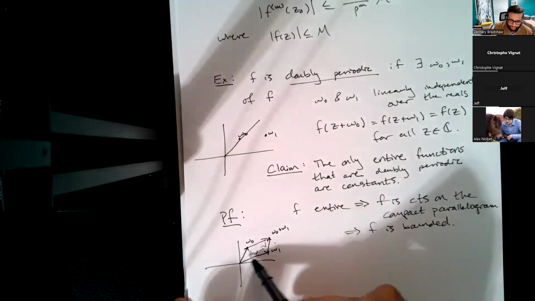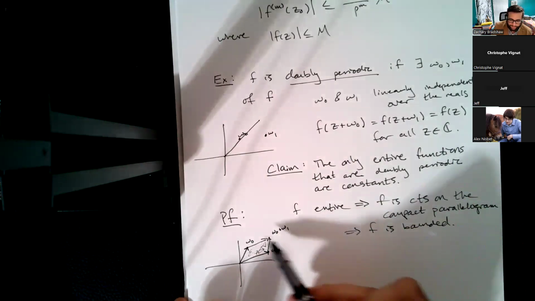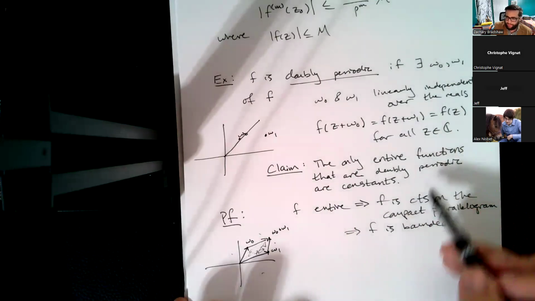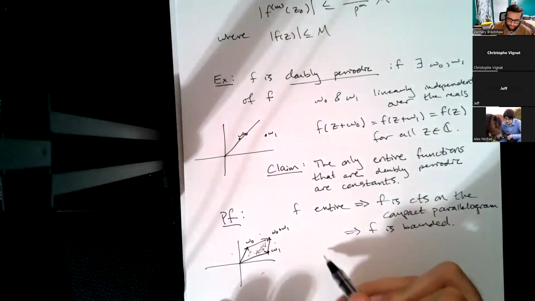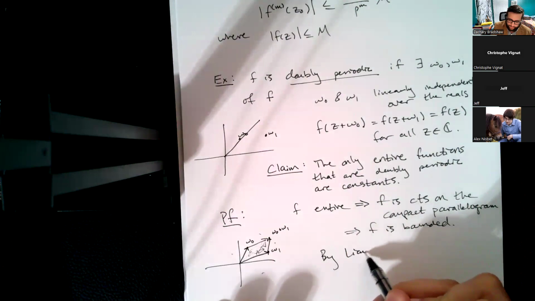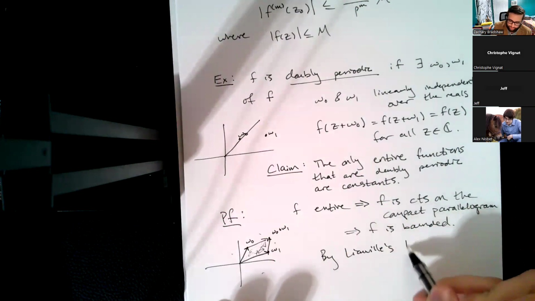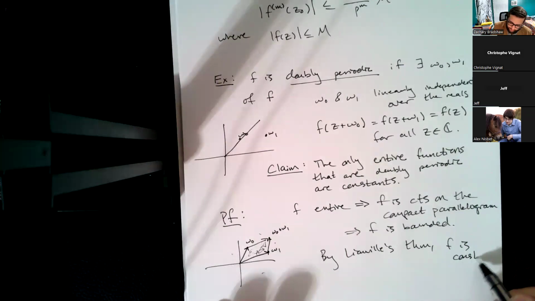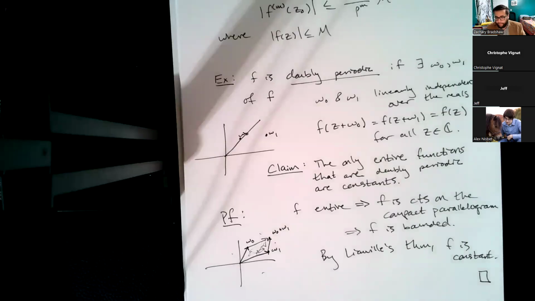I mean, f is bounded here, it repeats elsewhere, and so it's bounded on the entire complex plane where we assume that f is entire. That's all we need. So by Liouville's theorem, f is constant. Cool.